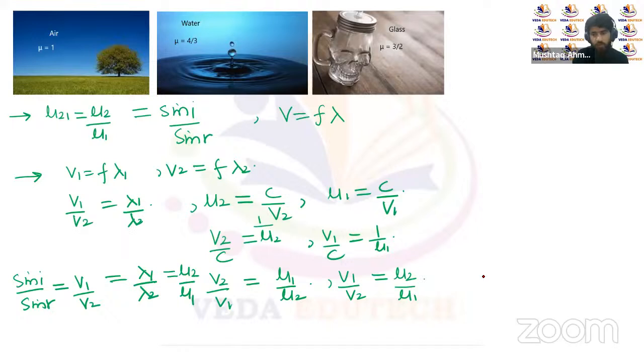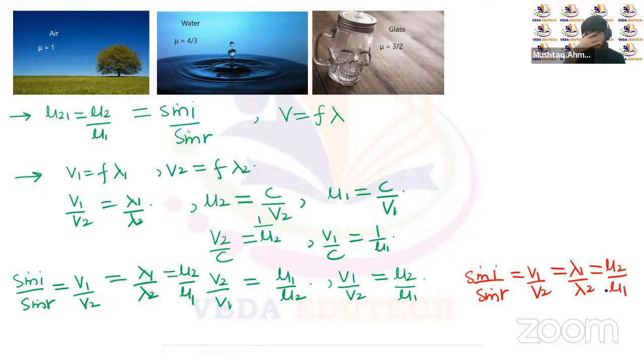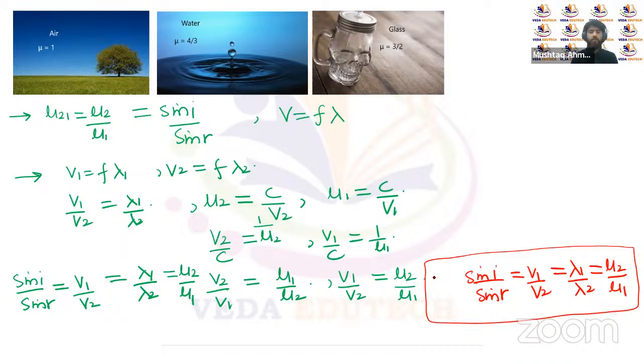So the complete relation between them will be sine of I upon sine of R, that will be equal to V1 upon V2, that will be equal to lambda 1 upon lambda 2, that will be equal to mu2 upon mu1.